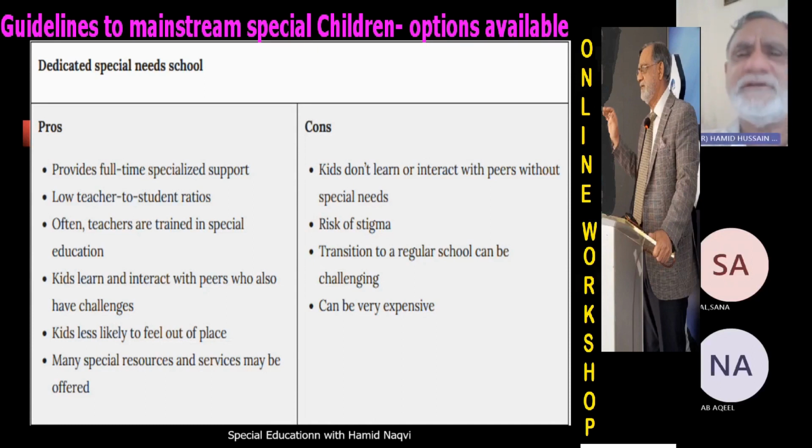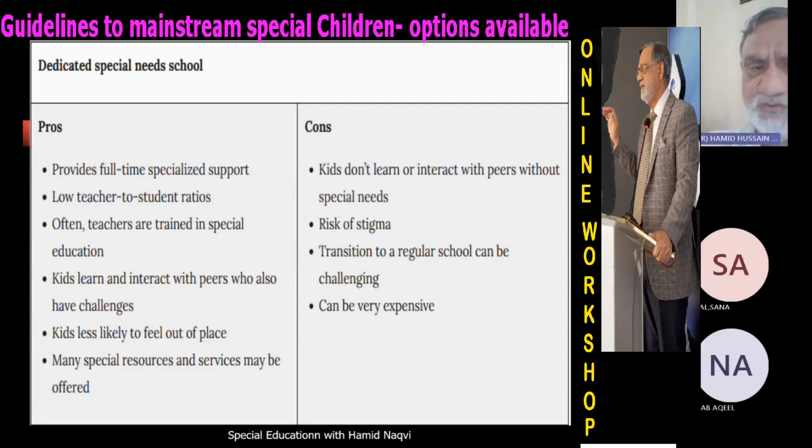What are the merits? What are the demerits? The merits are if the students of a particular disability are studying in a school which is meant for that particular disability. What are the pros? A dedicated special needs school provides full-time specialized support.